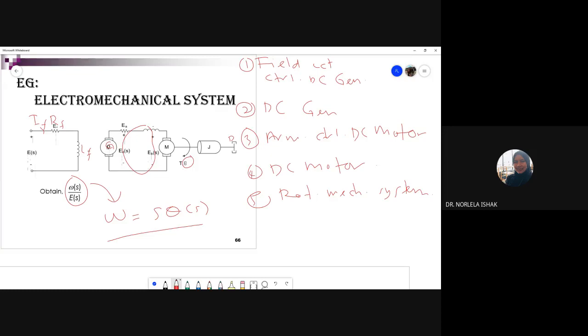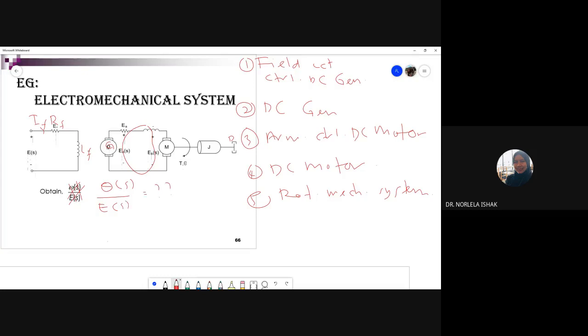From our example, we find the angular displacement. We cancel out this one. You have to obtain the transfer function theta over the applied input.